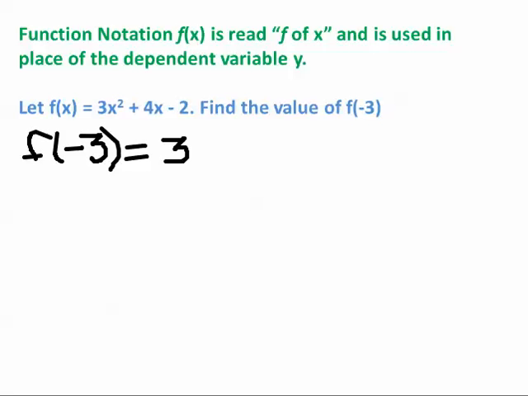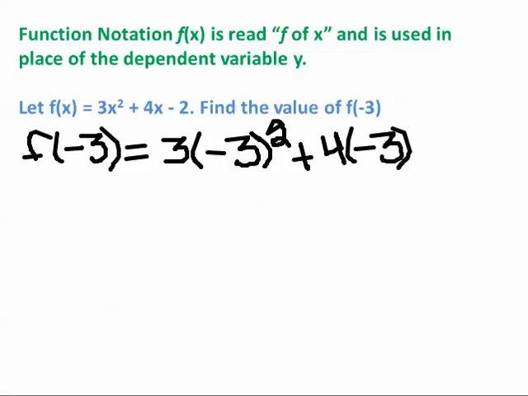So I have 3 times, I'm going to put negative 3 in for x, and you have to remember to put it in parentheses because of the negative. So I have negative 3 squared plus 4 times negative 3 minus 2.